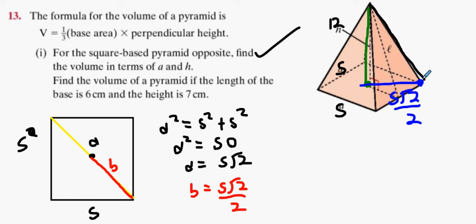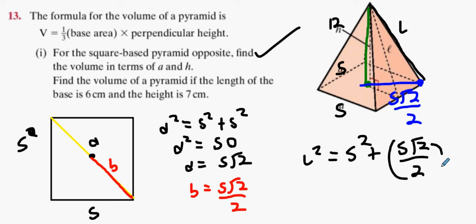Anybody know? So we're going to call it L. L squared equals 5 squared plus 5 root 2 over 2 squared. Lob it in and get L. What is it?